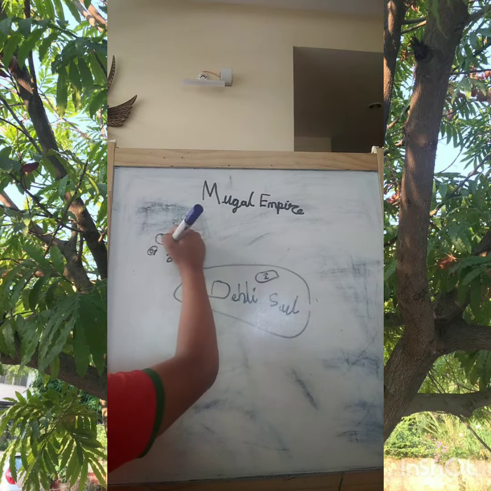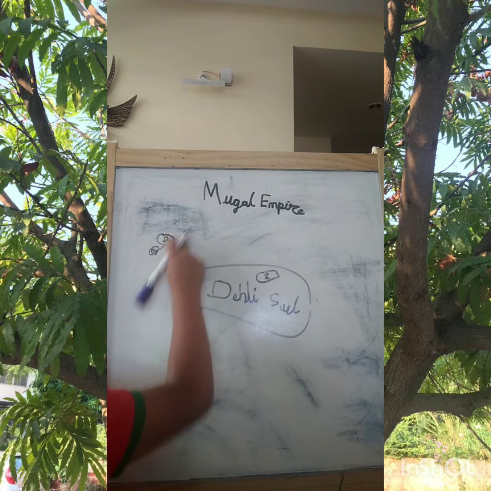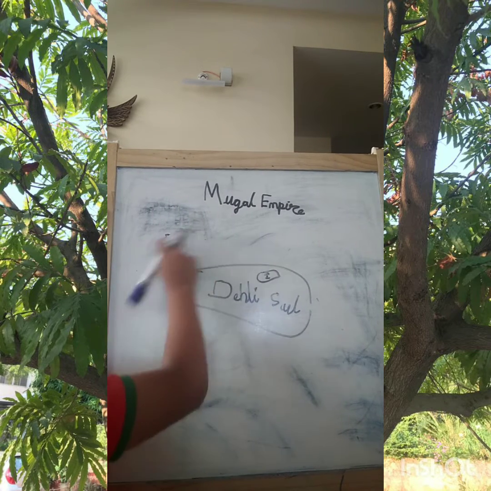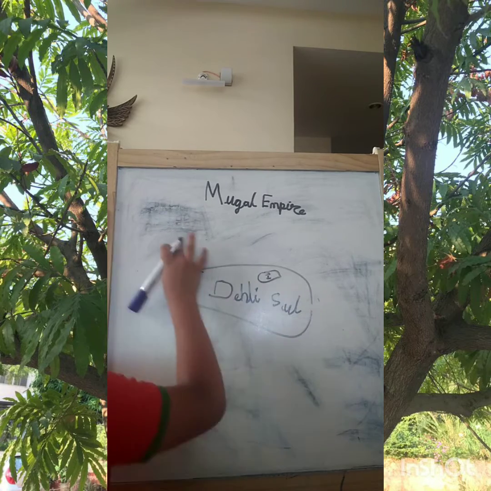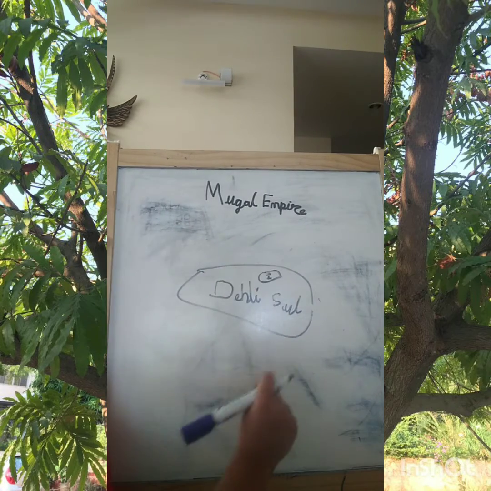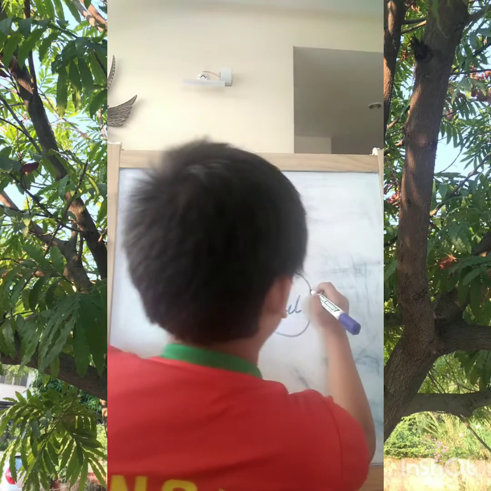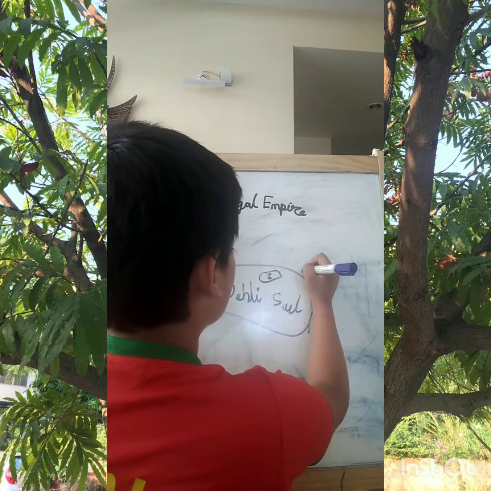So, these went into Babur's army. Babur reached a part of the Delhi Sultan called Panipat.